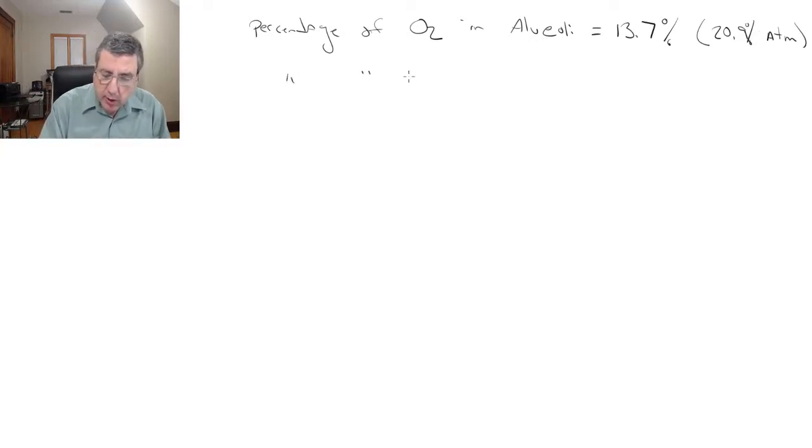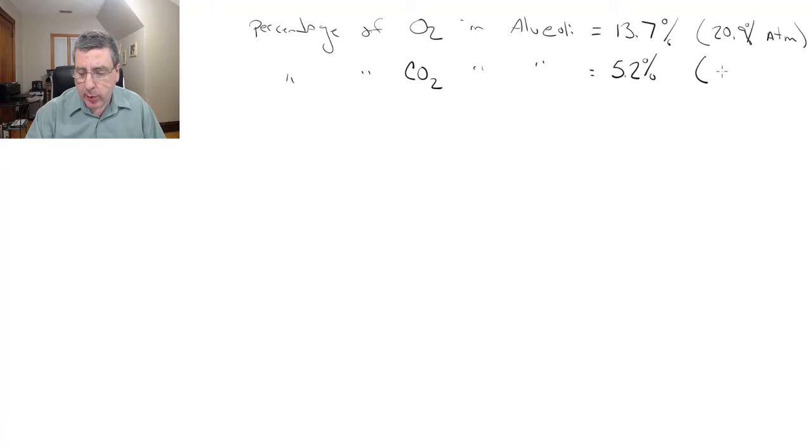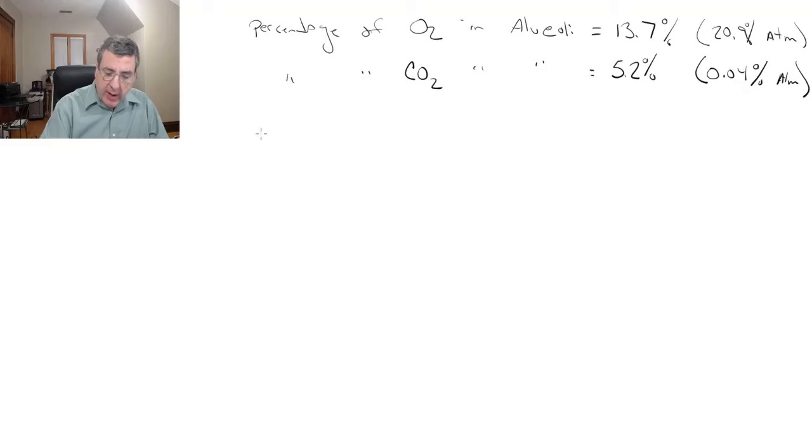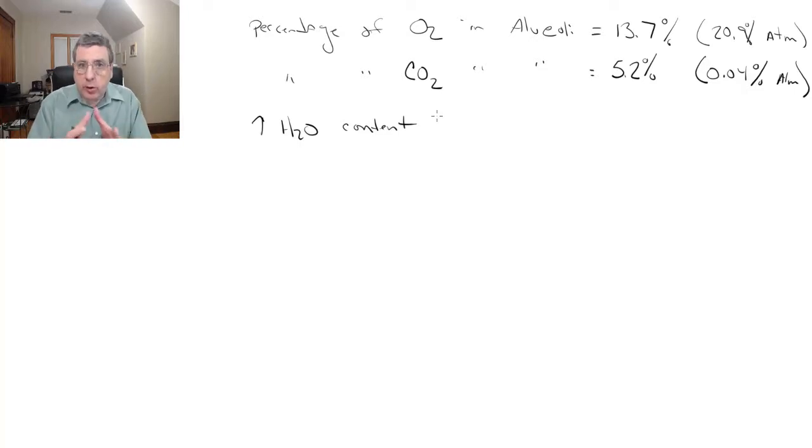The percentage of CO2 in the alveolus is not 0.4%, but it's actually 5.2%. And in the atmosphere, that was 0.4. Plus we have a high water content, okay? So we still have to make it 760 millimeters of mercury.